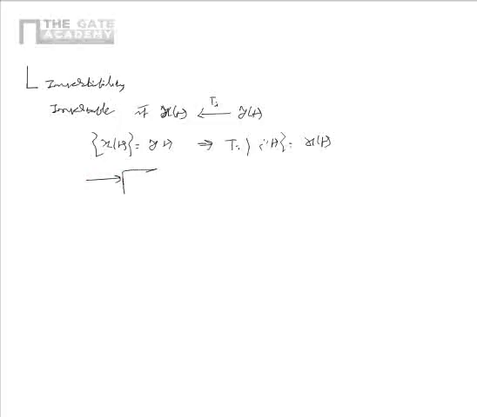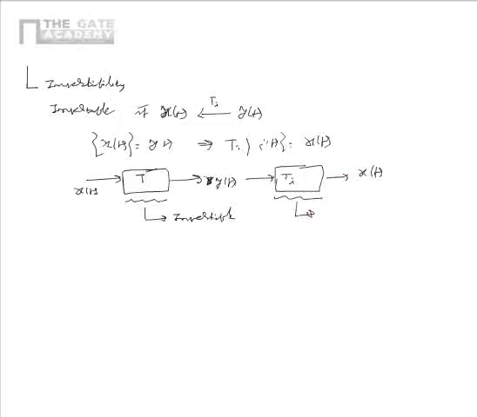Graphically, it can be written that there is a system with transformation T which produces an output y of t for an input x of t. Now you pass the output y of t through another system of transformation Ti to get x of t. Then we say that the system with transformation T is invertible, and the system with transformation Ti is the inverse system of the given system.